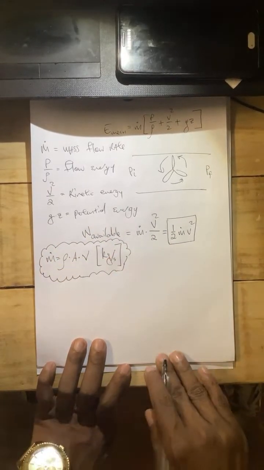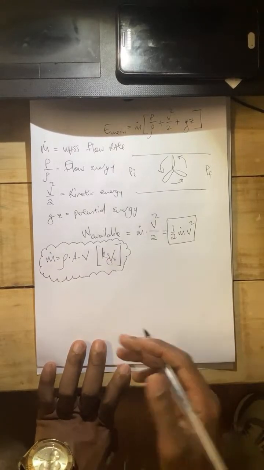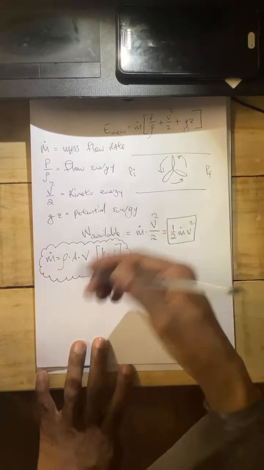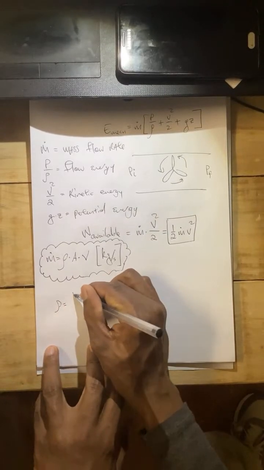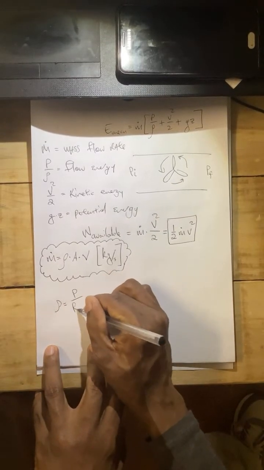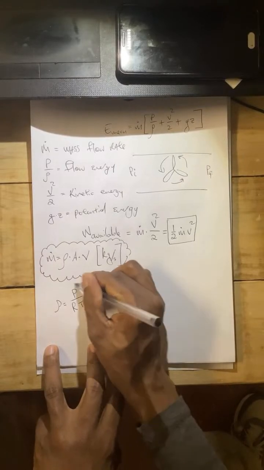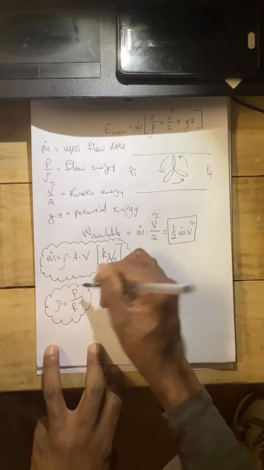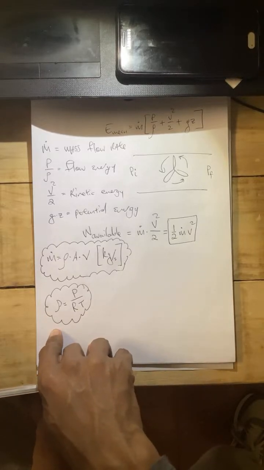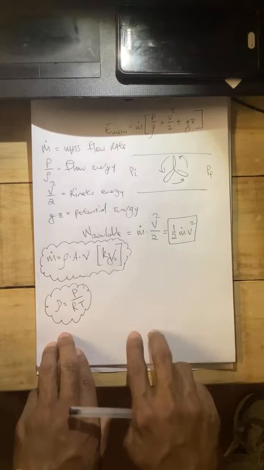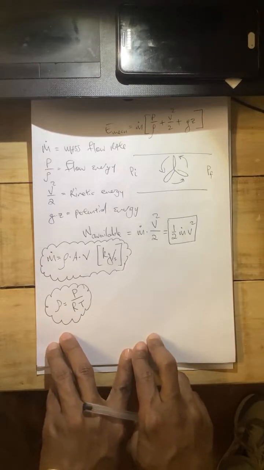And since we are at it, we might as well add another add-on. Density is equal to pressure over gas constant times temperature. Okay, this is what the rho is. Yes, rho is density. Now, why is that important?